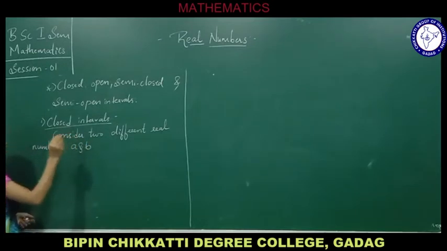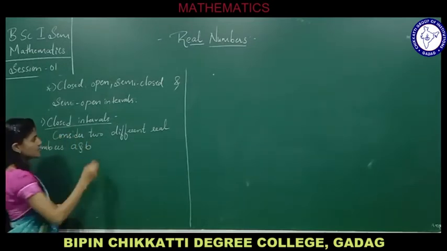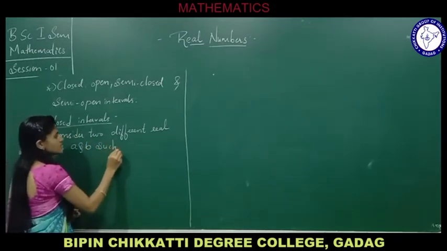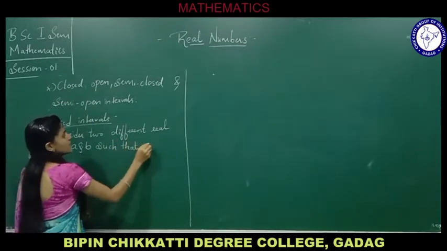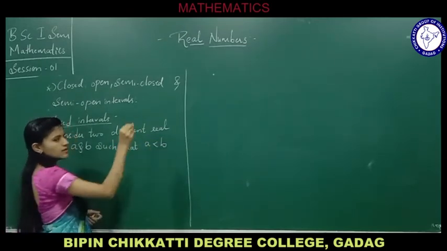Consider two different real numbers a and b such that a is less than b.